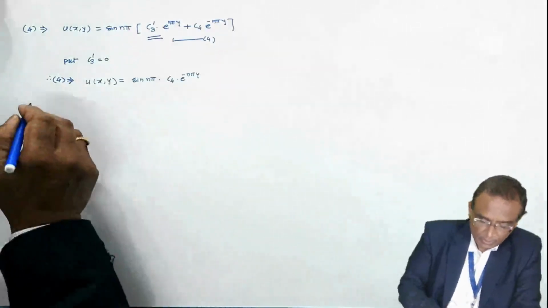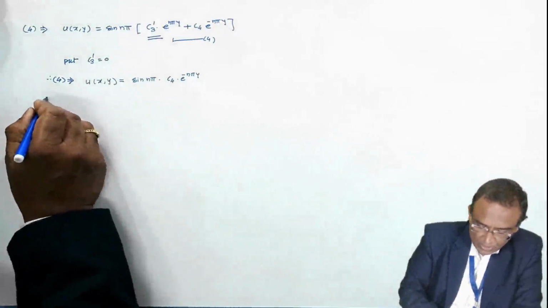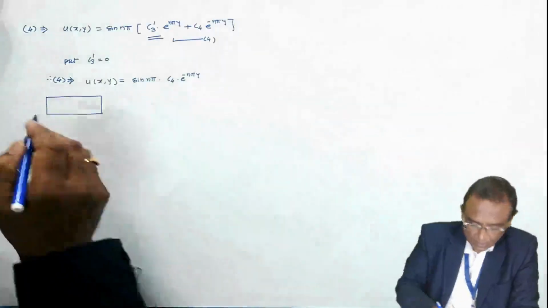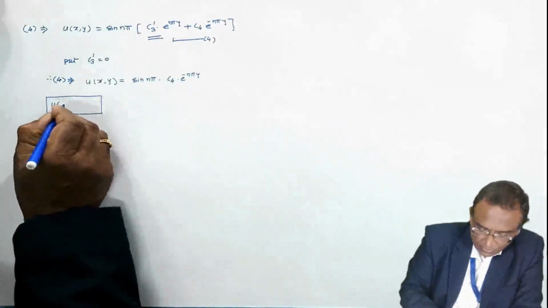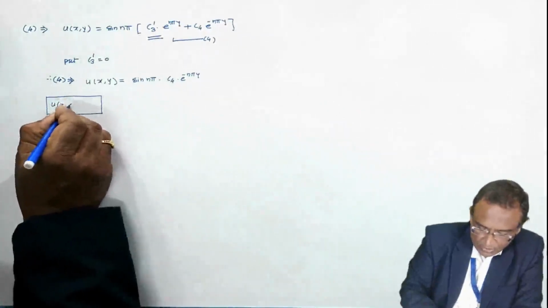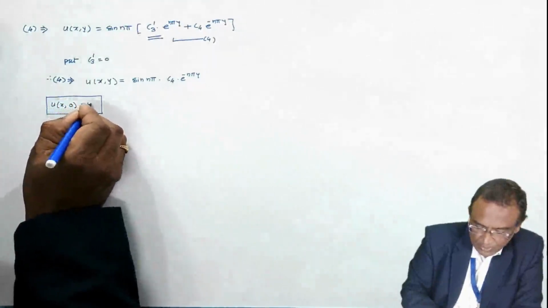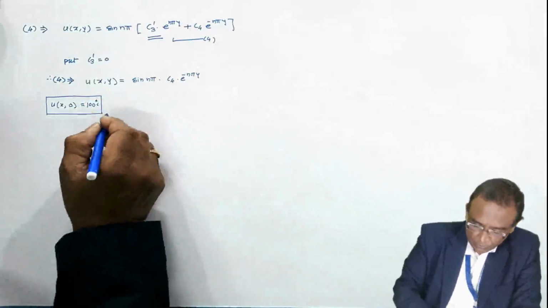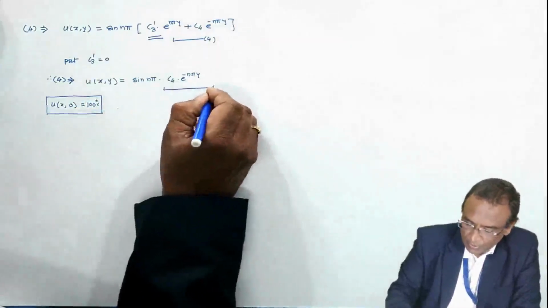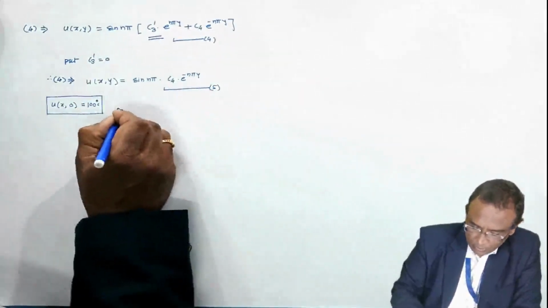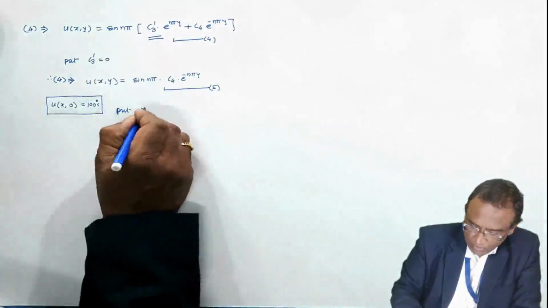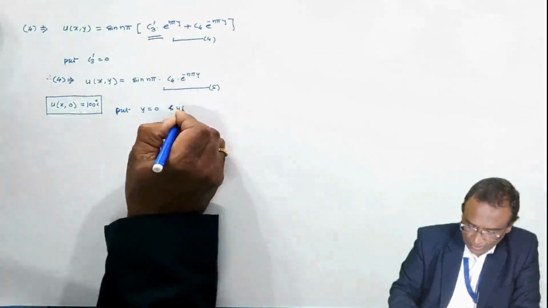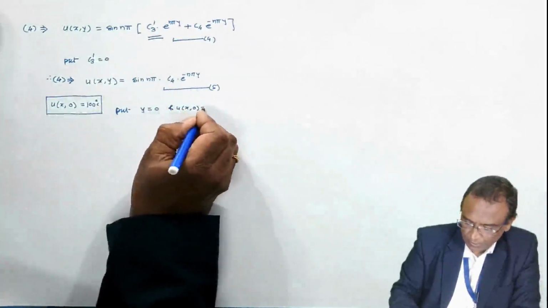Now it remains to use the last condition. What is the last condition? Along the x-axis, that is when y is 0, the temperature is maintained at 100 degrees centigrade. This is our equation 5. Put y equals 0 and u of x, 0 is 100.